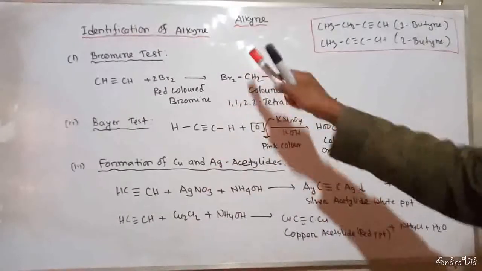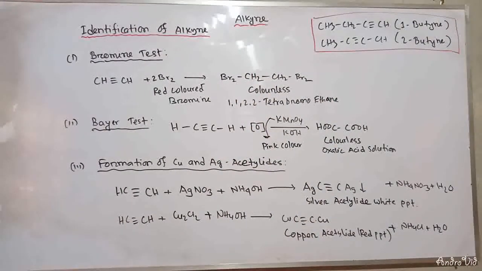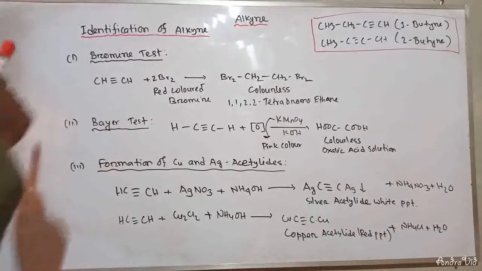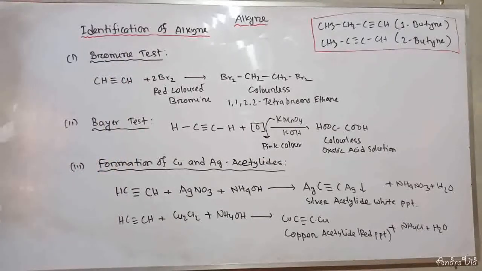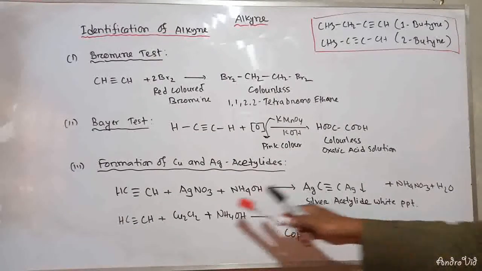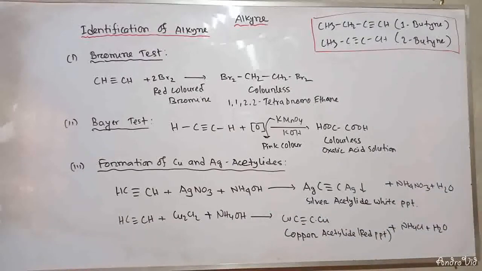Both alkene and alkyne are unsaturated, so both of them will undergo the bromine test and the Baeyer test. But alkene doesn't give this reaction, because alkenes are not acidic in nature. Due to the acidic nature of alkyne, this type of reaction is possible, but alkenes are not acidic in nature. That's why alkene doesn't give this type of reaction.